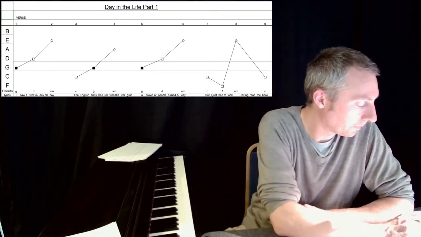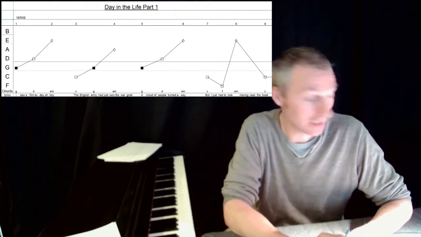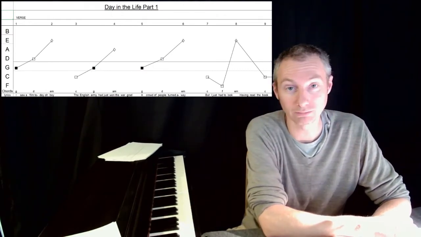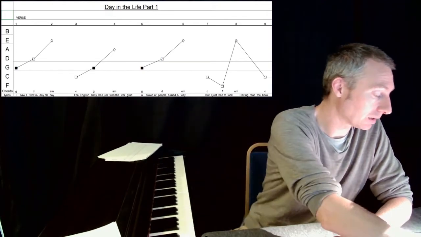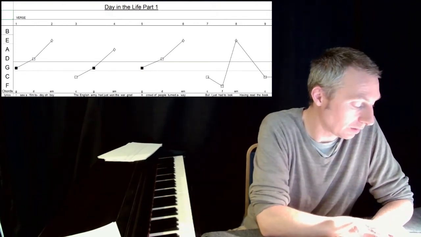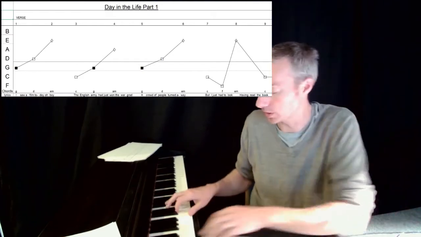I mean, are we in G? We started in G, but we haven't established the tonic in any way. It appears again, but it's not established again. So you tell me what key we're in.